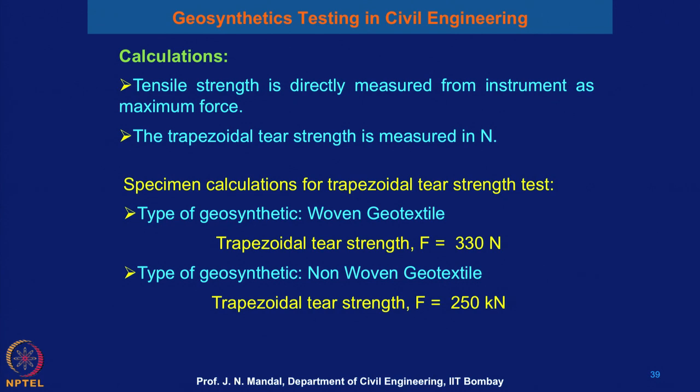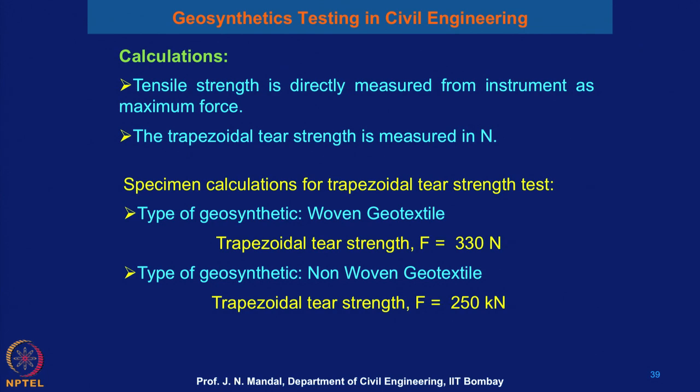Type of geosynthetic: it may be the woven geotextile material, it may be the non-woven geotextile material. So, trapezoidal tear strength of woven geotextile material is 330 Newton, and if the type of geosynthetic material is non-woven geotextile material, trapezoidal tear strength is 250 Newton.